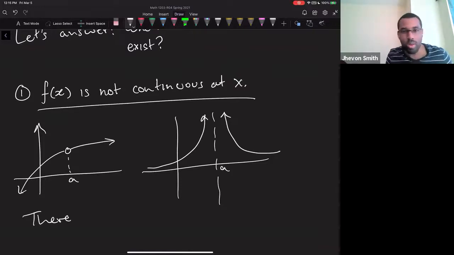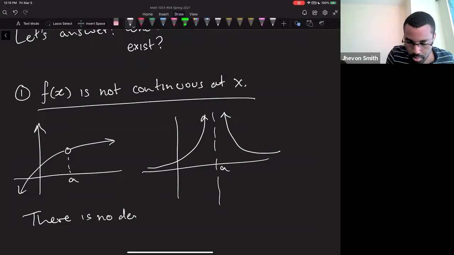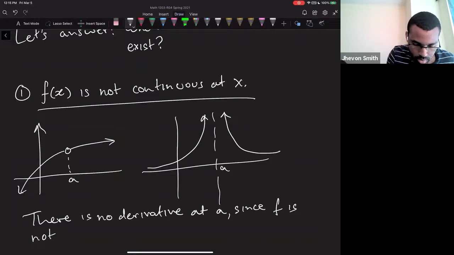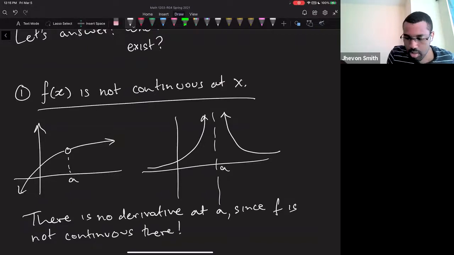You don't even waste your time looking for one. So if your function is not continuous, you can't find a derivative. You can't solve the rate problem, right? Which is why continuity was important, why we went through it.